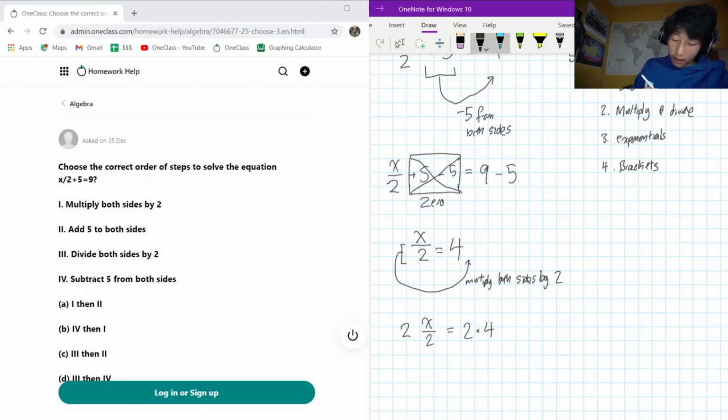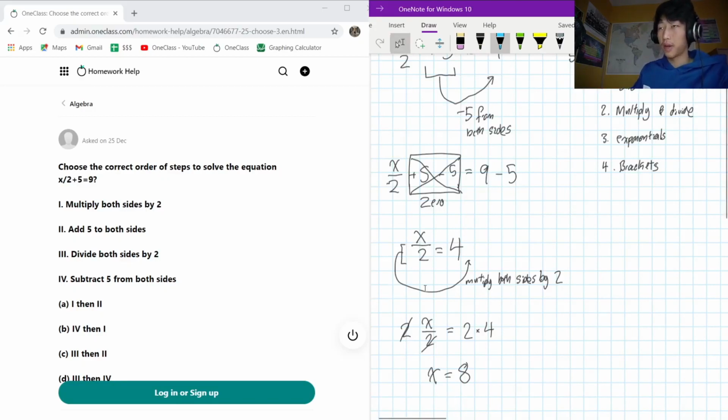Now we know that x over 2 is half of x, and we have 2 of them, that's 1 full x, so that will neutralize the 2's here, and this will just give us x is equal to 8. 2 times 4 is 8, fairly straightforward.